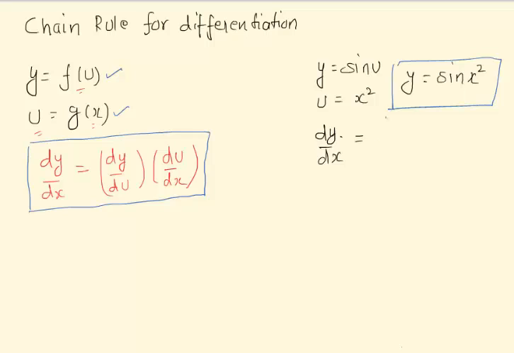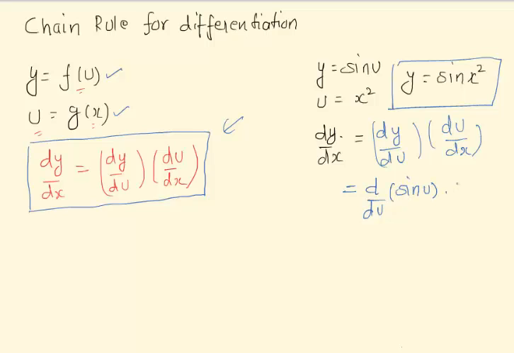In this example, y is equal to sine of x square, where we can set up y is equal to sine u, where u is x square, and apply chain rule. So we can write here dy by du into du by dx, and let's try to evaluate this. Now y as a function of u is sine u, and u as a function of x is x square.